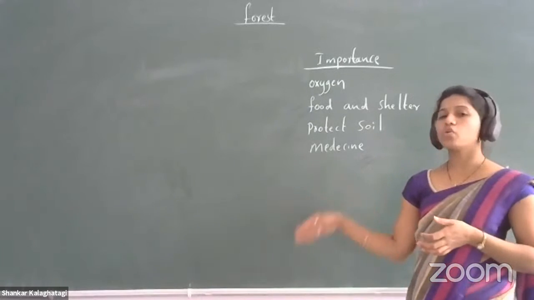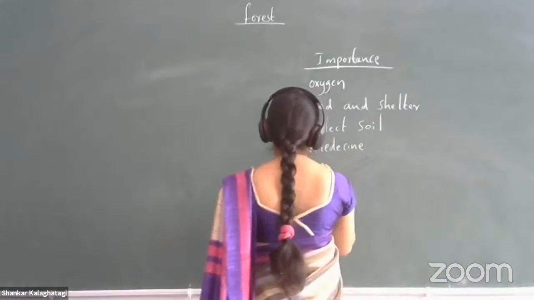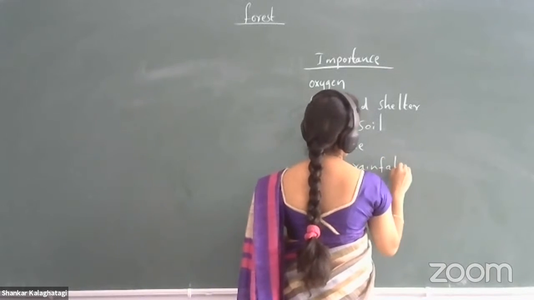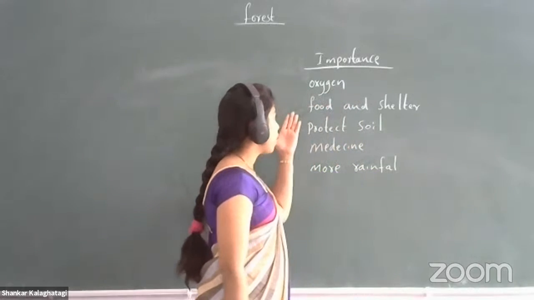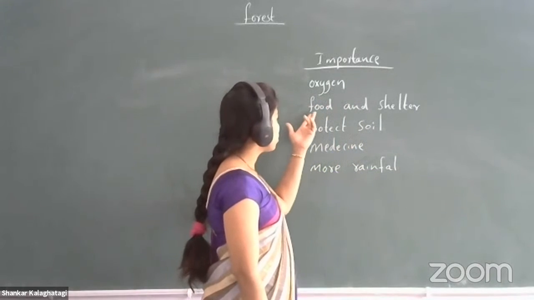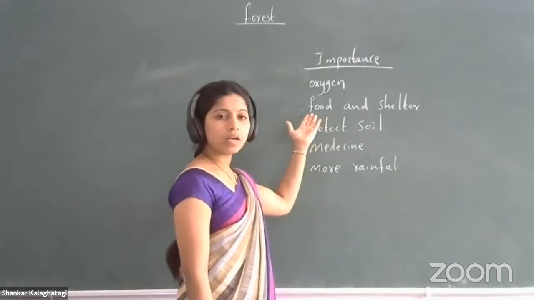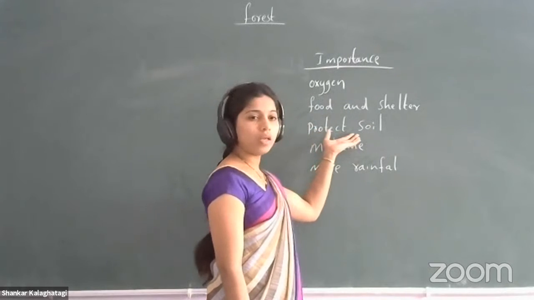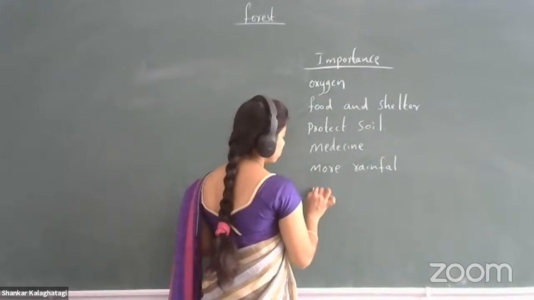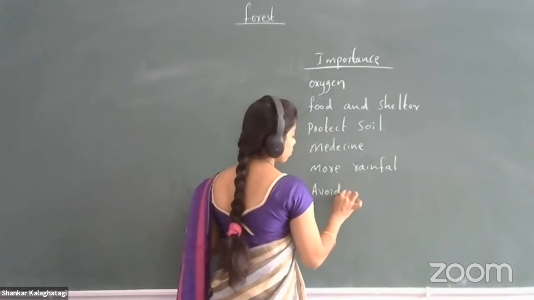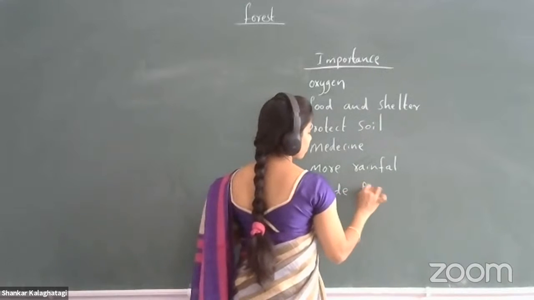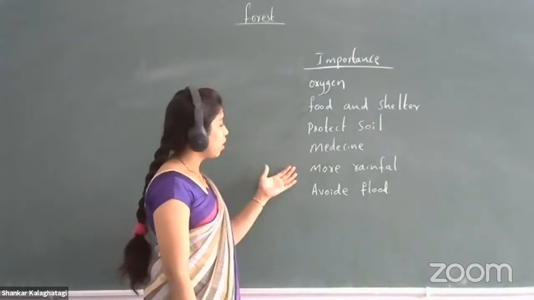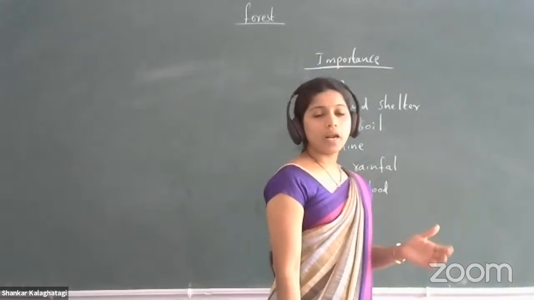So the forest provides us oxygen, food and shelter for plants, animals, birds and human beings. It also protects the soil, avoids floods, provides medicines, and gives more rainfall.